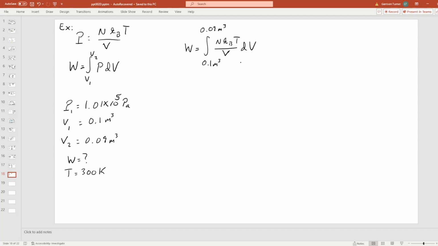Okay. So now we need to solve this integral, right? But if N, kB, and T are all constant for this particular case, then they come out of the integral, and I'm left integrating dV over V, and this turns into the logarithm, right?